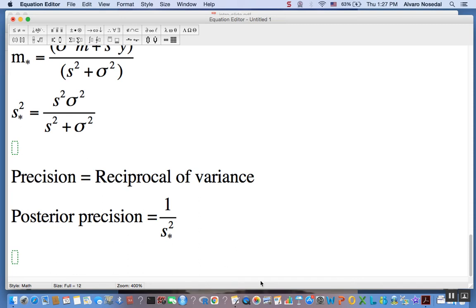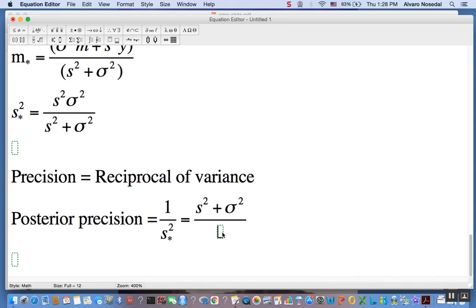That would be our posterior precision. And note that that guy would be just the reciprocal of this guy. Let me write that down. It would be just this divided by this.